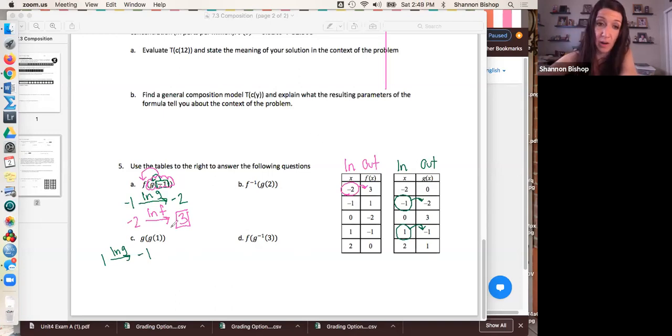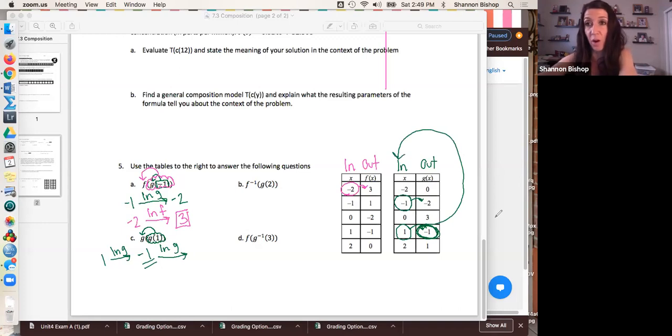However, it doesn't stop there, because you then take that answer and plug it back in. Here's where you have to really pay attention to the definition of composition. Where did I get -1 from? I got it from right here, and right now I am circling an output. -1 is the output. However, for composition purposes, I am now going to turn around and use that -1 as an input.